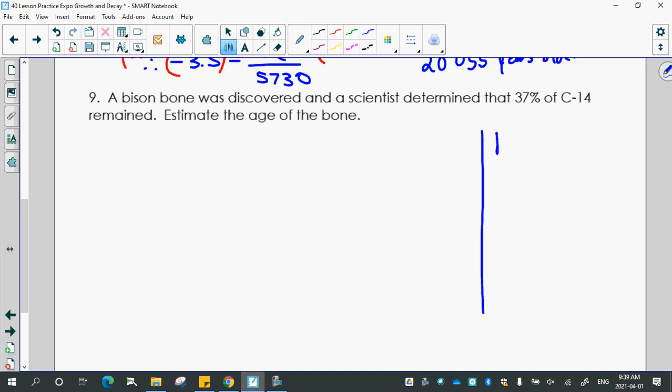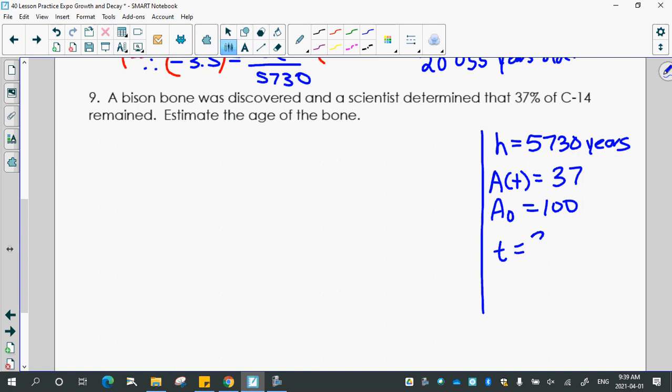So we know that the half-life of carbon-14 is 5,730 years. And then a lot of you put that the total amount was 37, and the original amount was 100, and then some people did the other way, which is fine. And time is what we're trying to find. And you would copy down your formula.